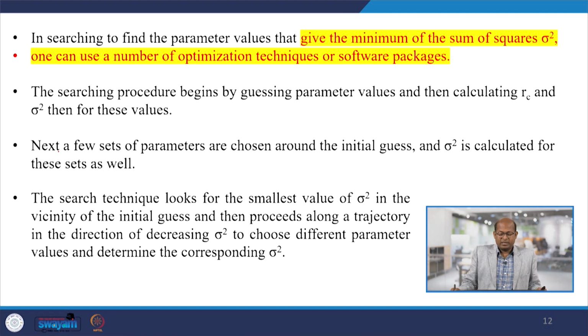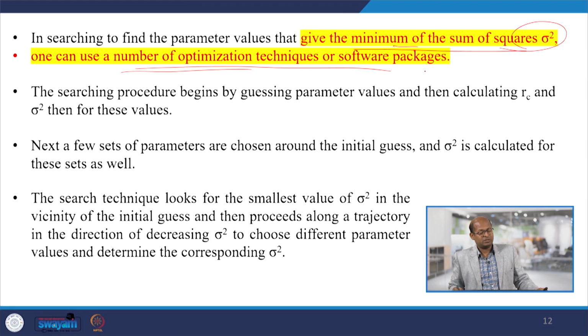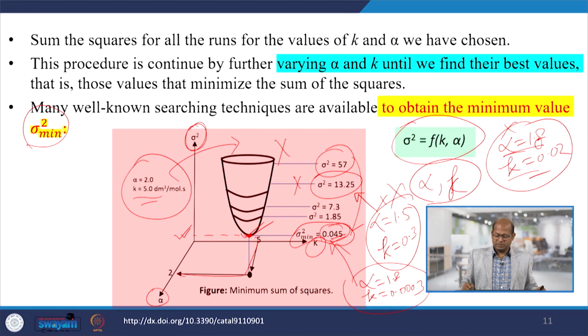So, for the minimum sum square value, sigma square, one can use optimization techniques or any software package. The initial guess of alpha and k, what we choose, is very important.